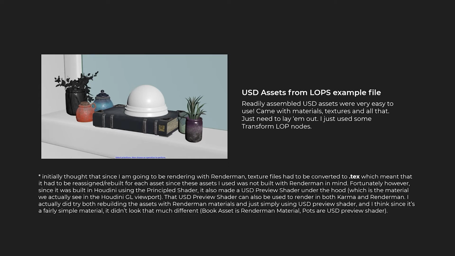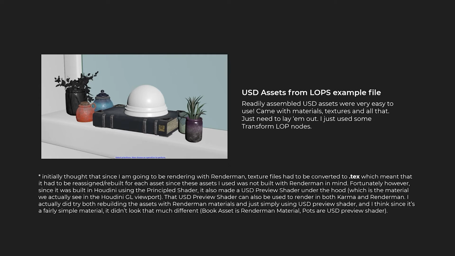So I also grabbed some pots and plants and a book from the Magic Market scene that Side Effects already made previously, and it's also available to check out, download, and play around with for free. And what I did is I just basically grabbed some of those assets and brought them into my scene.